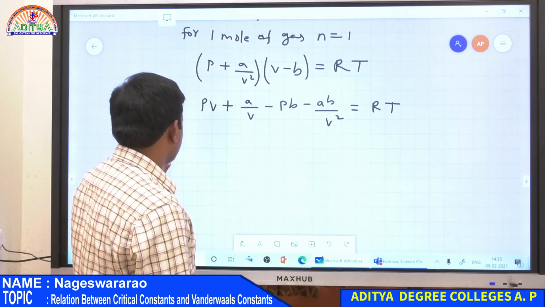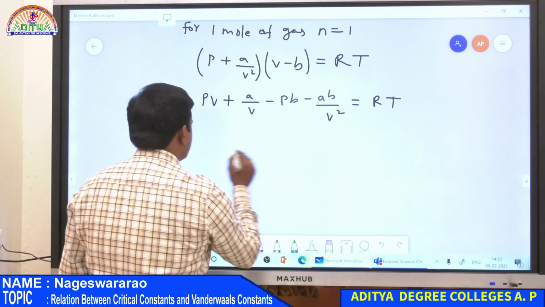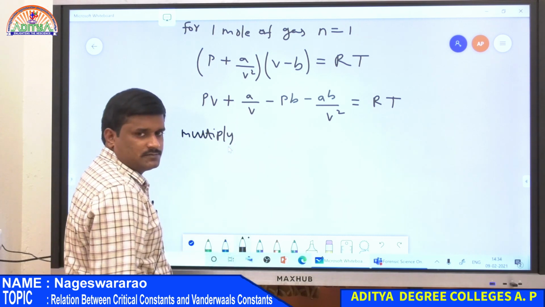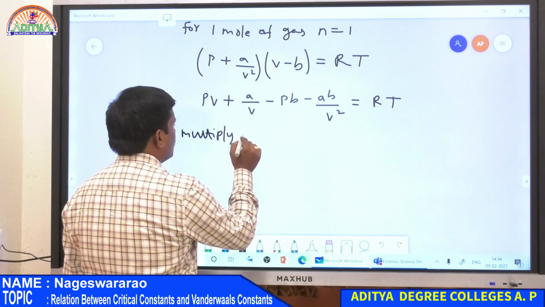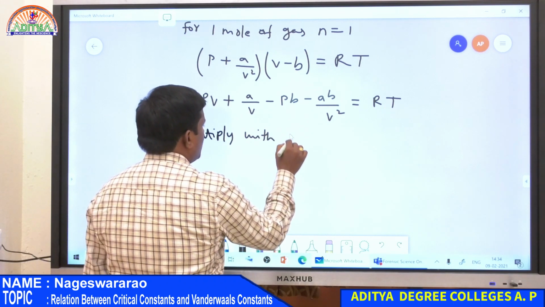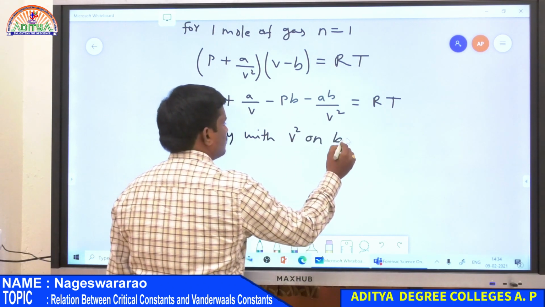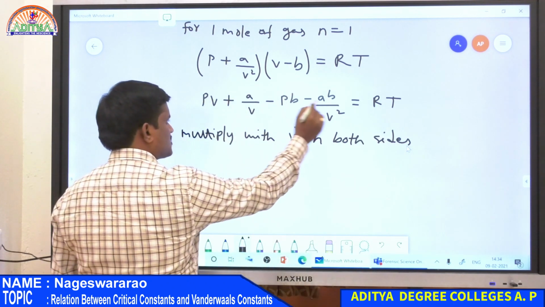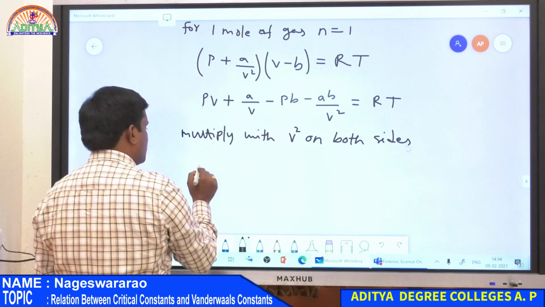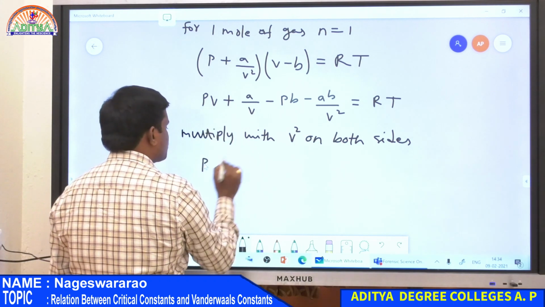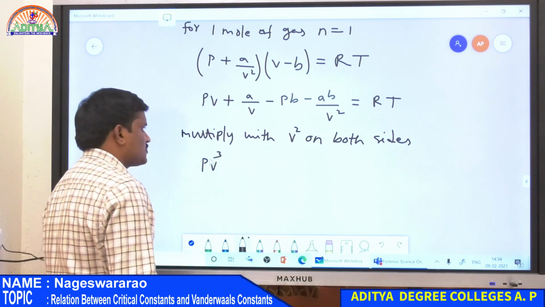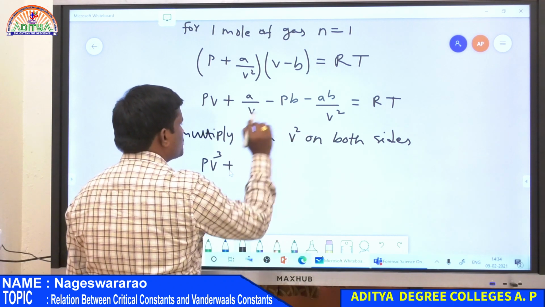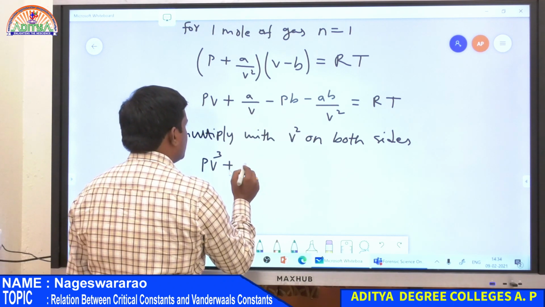Now multiply this equation, please follow the derivation, with V square on both sides. It becomes P into V square, that is PV cube, plus a by V into V square, V gets cancelled, so it is aV.